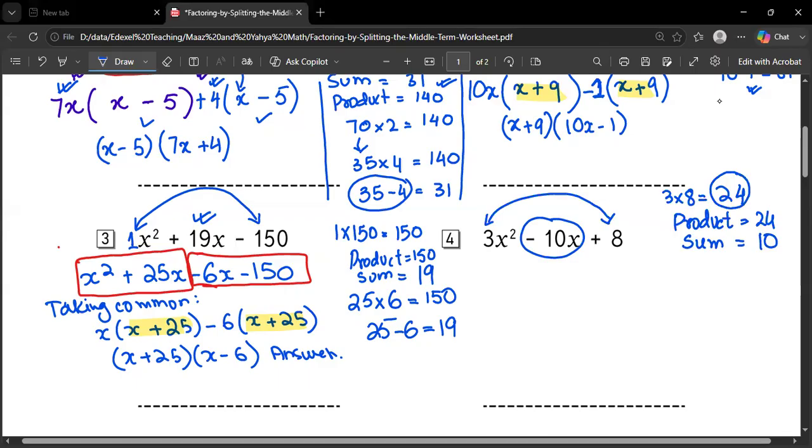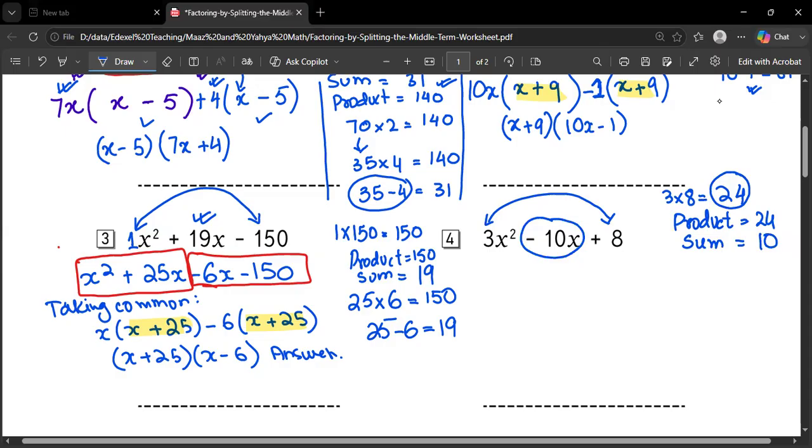I hope I am audible to you. Can't we switch the number of minus 10x with negative 6x and negative 4x? Yes, exactly. Negative 6 and negative 4 as well. This will also make minus 10. Okay.